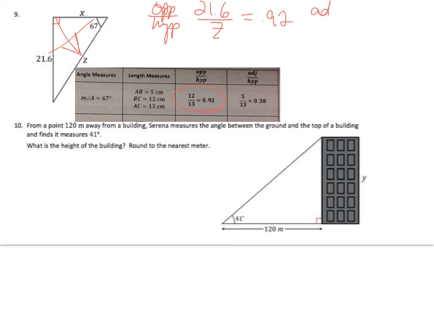And then adjacent over hypotenuse, adjacent to 67 is x over z, which I need to solve for first, and I'm going to compare it to this ratio, 0.38.